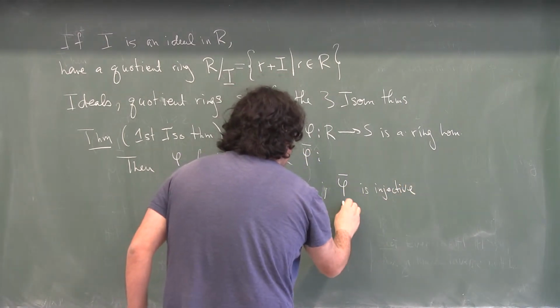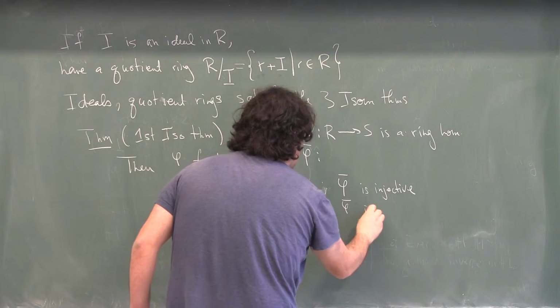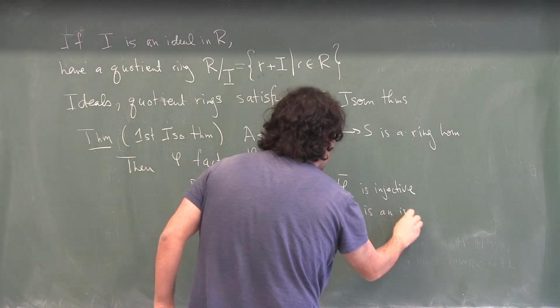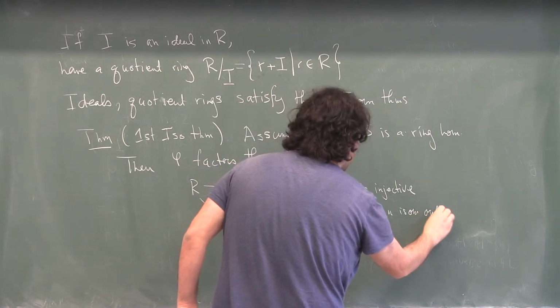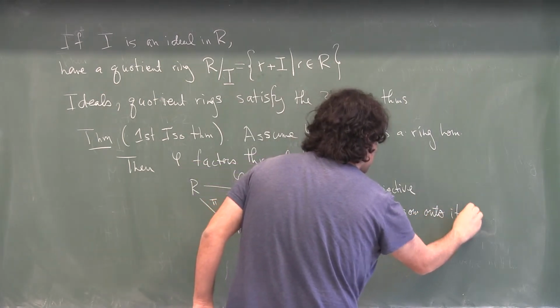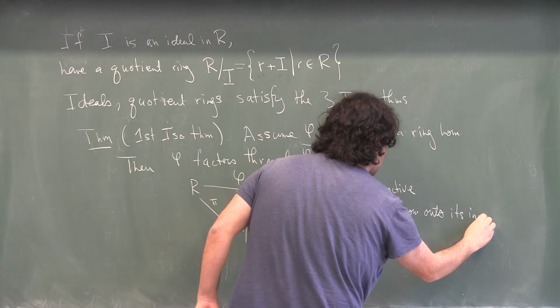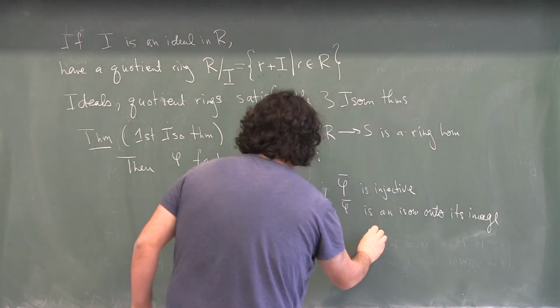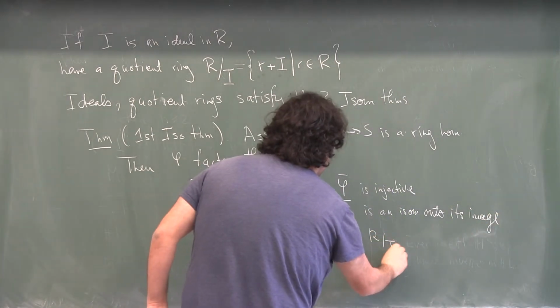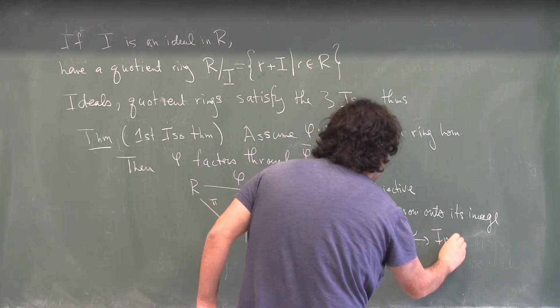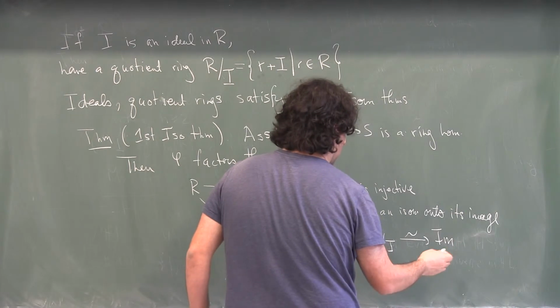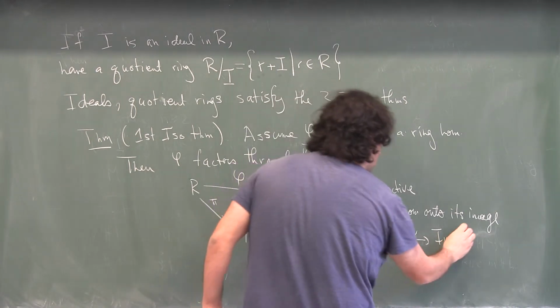So phi bar is an isomorphism onto its image. So I have R mod I mapping isomorphically onto the image of phi bar, which is also the image of phi.